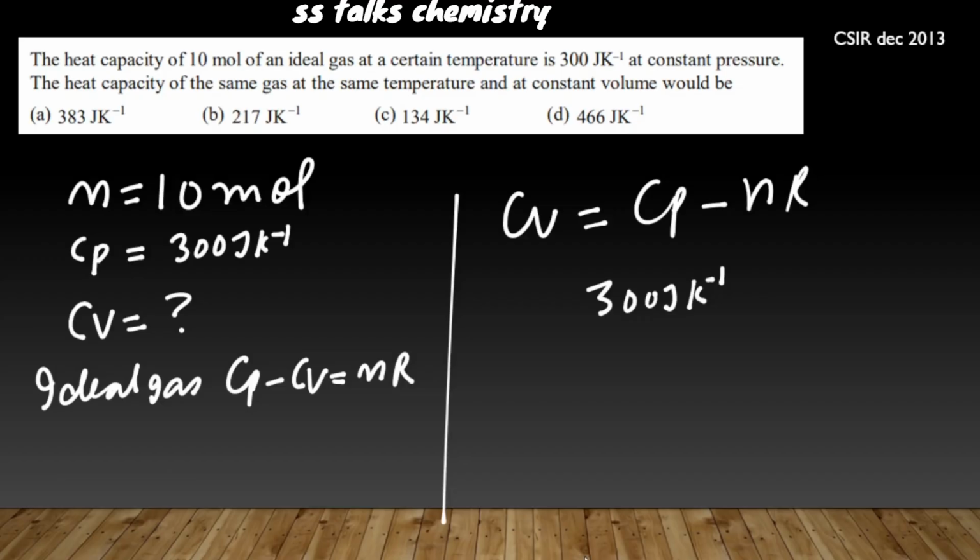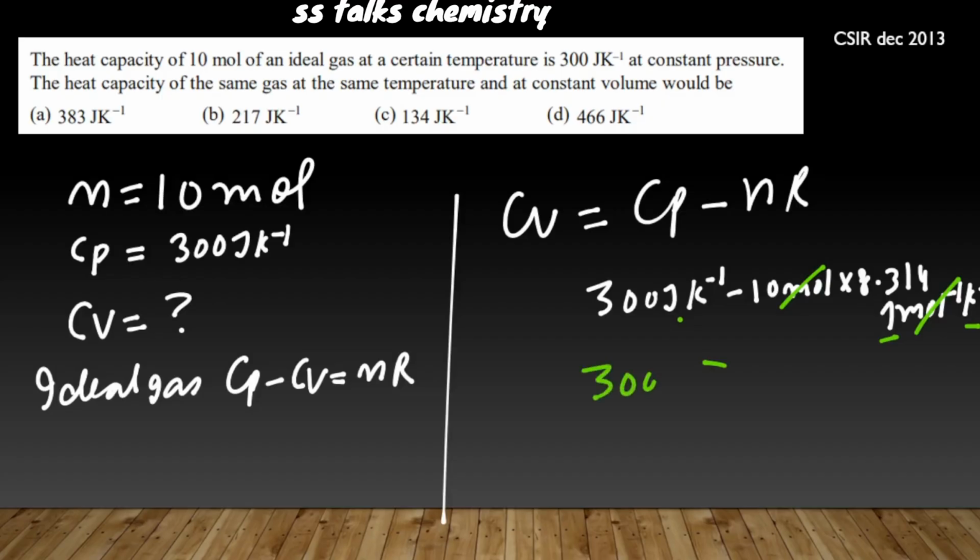The number of moles is already given to us, so we can substitute. It will be minus 10, which is the moles we are having, into 8.314 joules per mole per Kelvin. From here the mole and per mole terms will get cancelled. Units will be joule per Kelvin. Same units can be added or subtracted only.